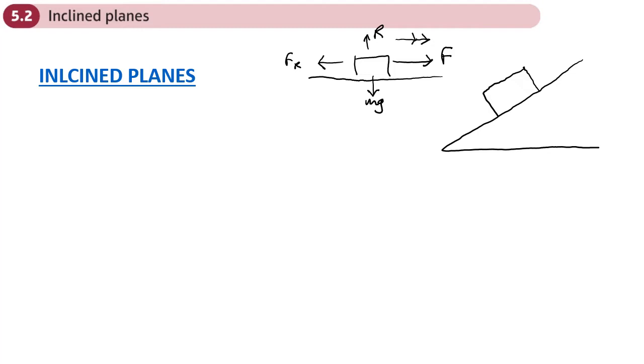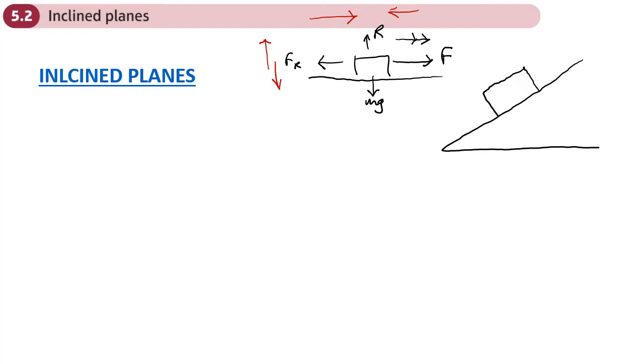Well, there's a few things that we need to do. We want to make the working as easy as possible. The first thing is, whenever we looked at forces before, we looked at forces going up or down or left and right, and we decided whether they were balanced or unbalanced depending on whether it was accelerating, in equilibrium, or moving at constant speed.